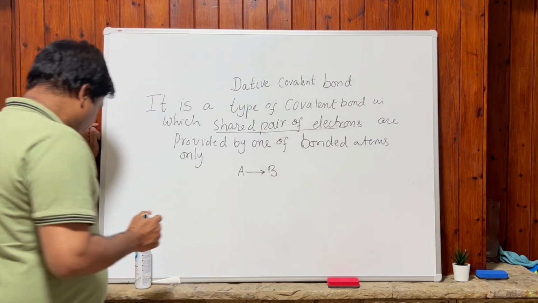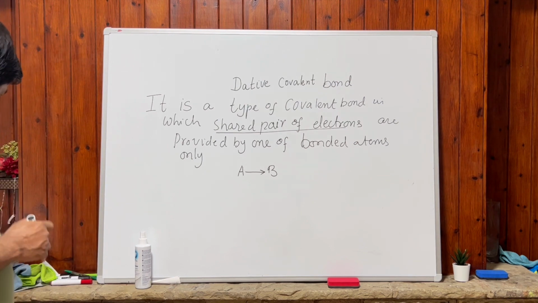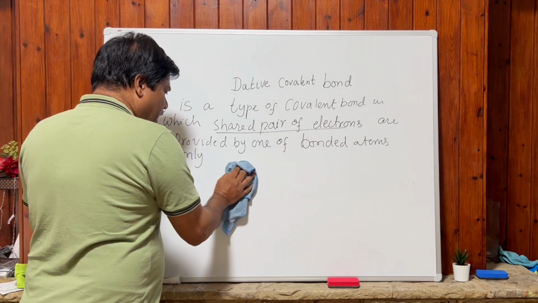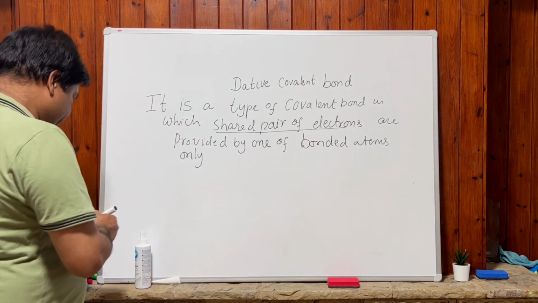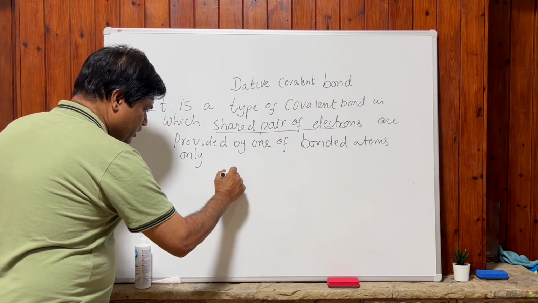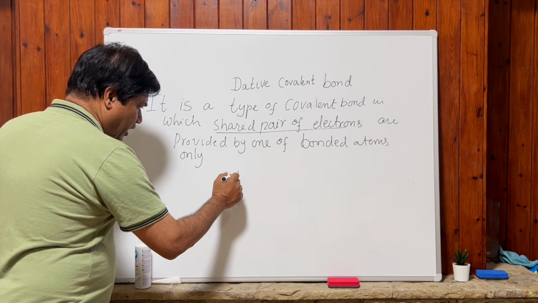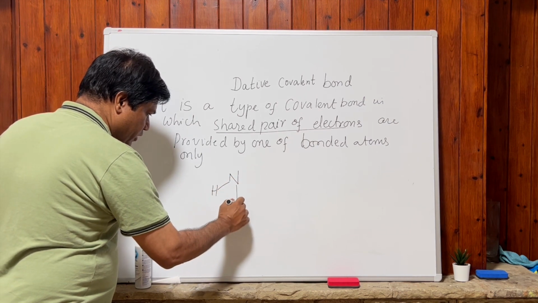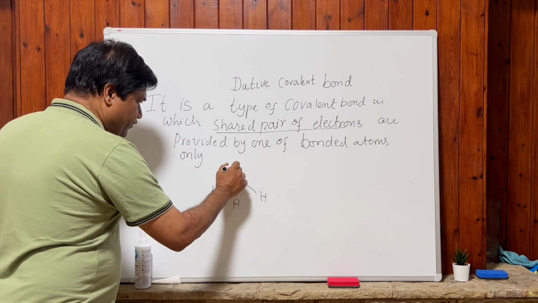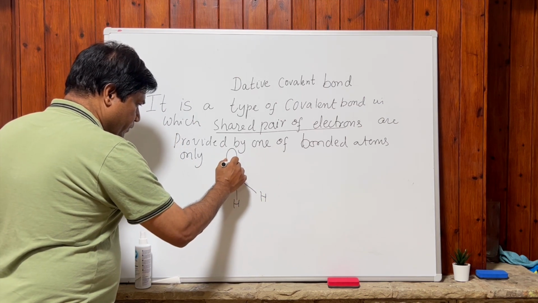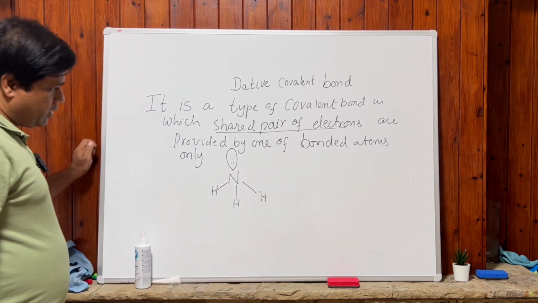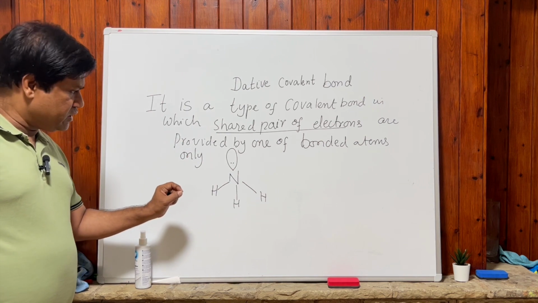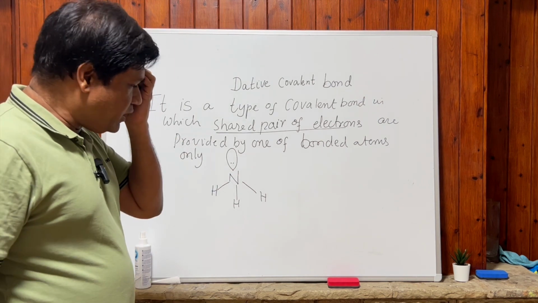Look at the example of ammonia and ammonium ion. You know that ammonia is a covalent compound because nitrogen shares 3 electrons with 3 hydrogen atoms and nitrogen is left with a pair of electrons. Okay, when an acid dissolves in water, it gives away H plus ion.